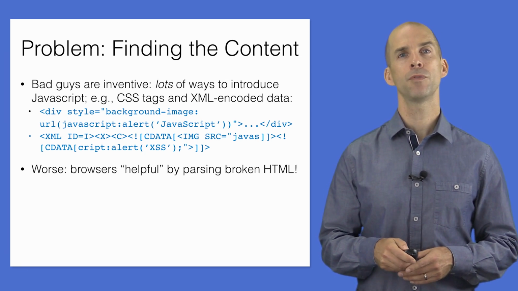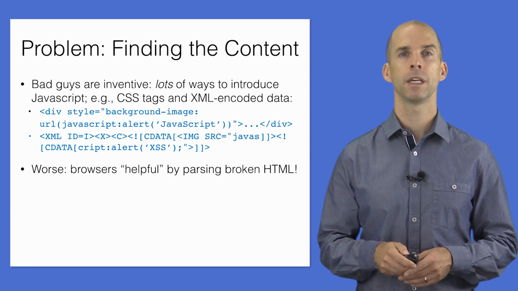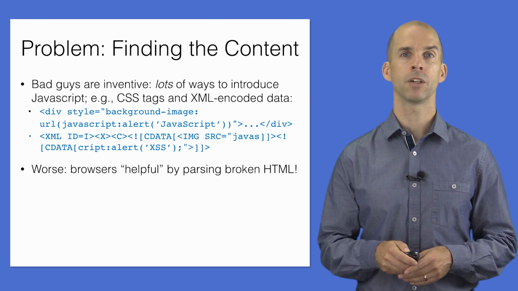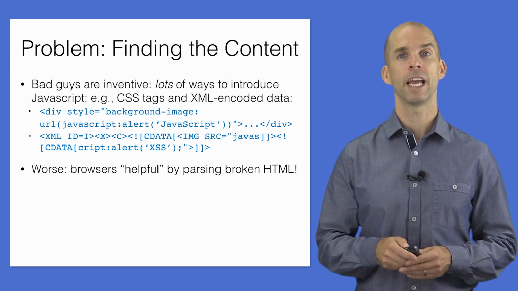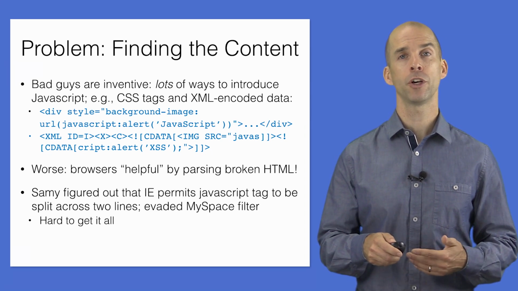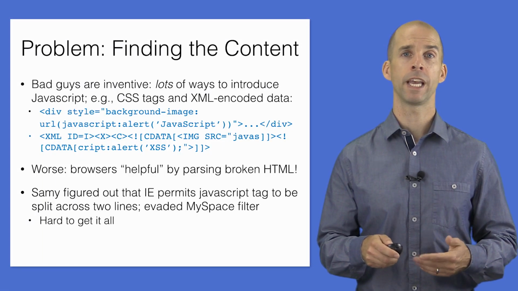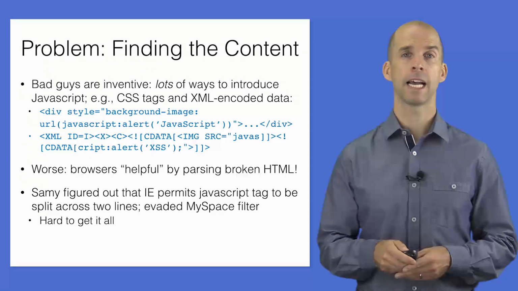Moreover, even if you found all of the tags that are specifically indicated as allowing scripts, there may be other ways of specifying code that is browser-specific. In particular, browsers have often been known to try to be helpful and render mangled input. Such permissiveness is good for making busted websites look okay to a user, but it can be exploited by a clever attacker.